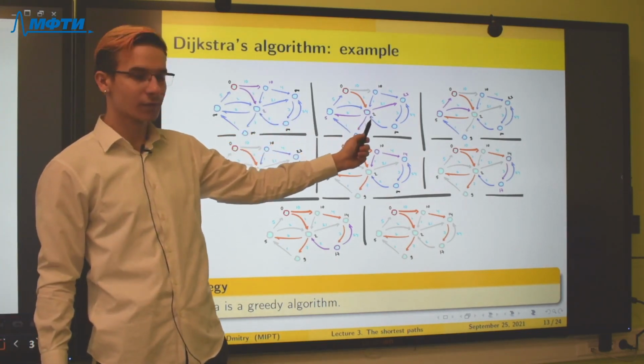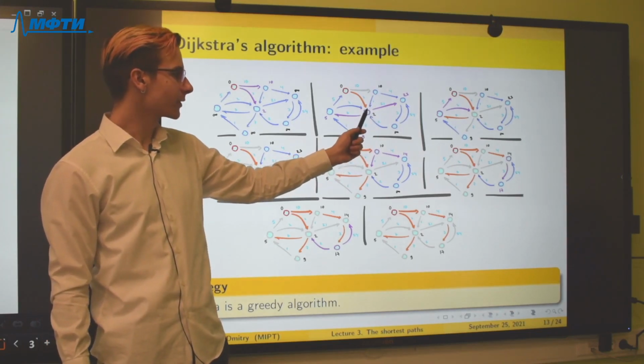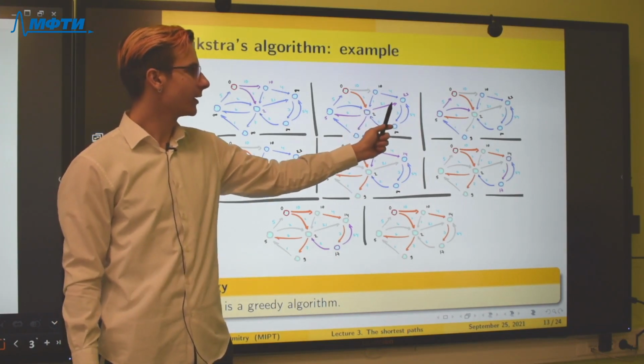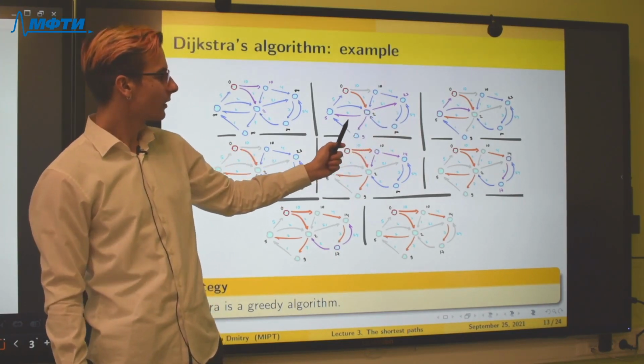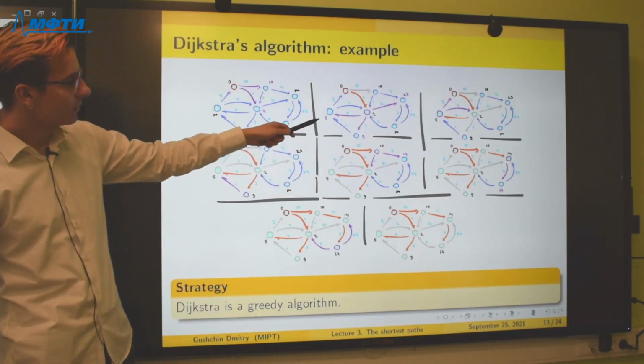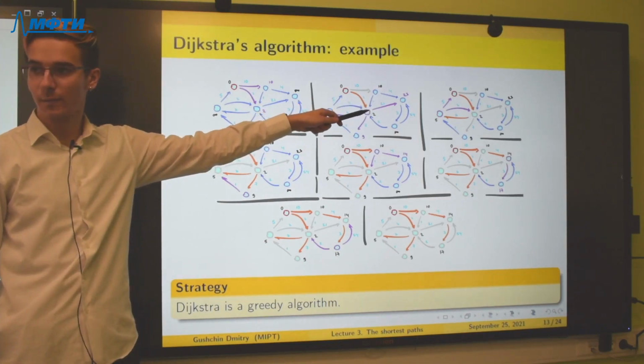Here you can see we extract vertex 2, the vertex with distance to the source equal to 2, and then relax all the edges that start in this vertex and set new distances for these vertices. Okay?